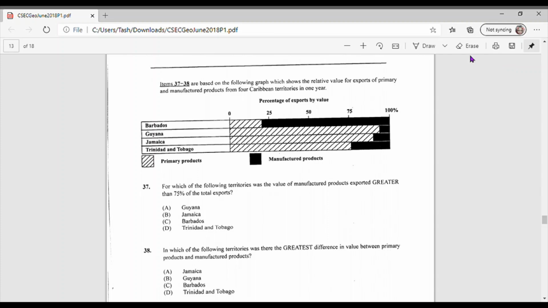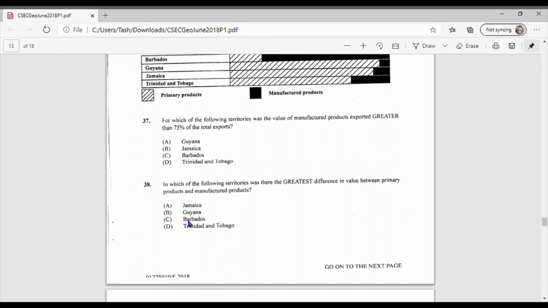We saw that as well in another paper. So manufactured products need to be greater than 75%. Manufactured products is in black, so it's coming from this end. The only one where it is greater than 75% is here in Barbados. So for number 37, the answer would have been letter C.